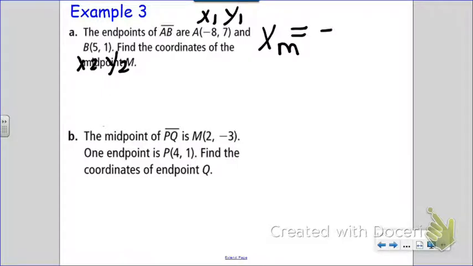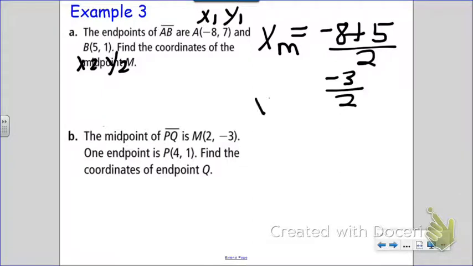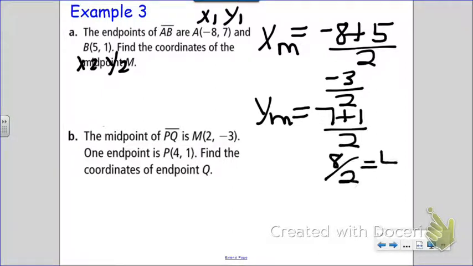We add the x's, divide by 2. So negative 8 plus 5 is negative 3 over 2. Y midpoint, we add the y's. 7 plus 1 divided by 2. 7 plus 1 is 8 over 2, which is 4. So my midpoint is at -3/2, 4.